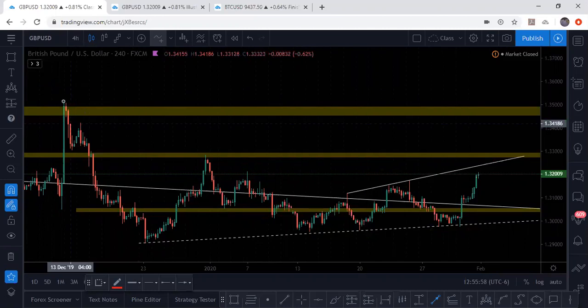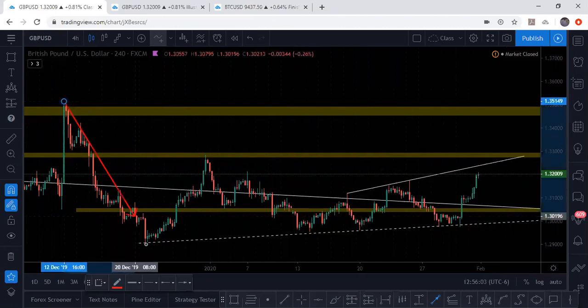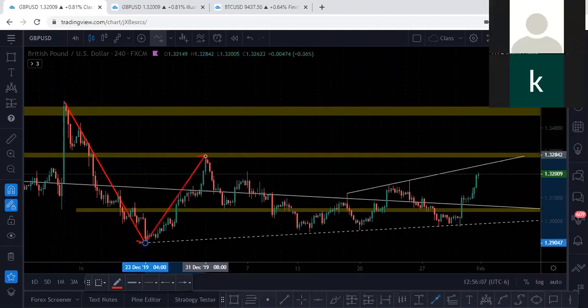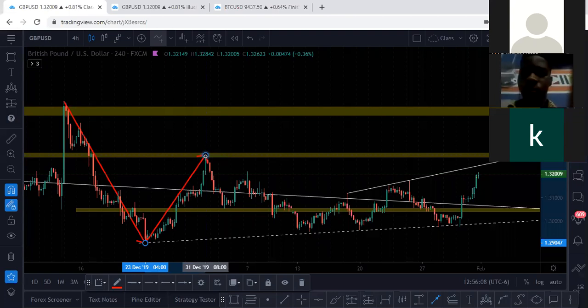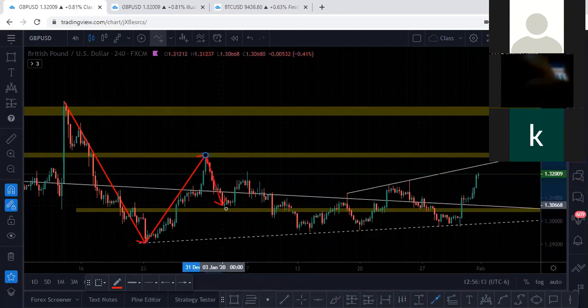Price has moved from up here, you see? Down here. From down here, price came up here. From up here, price came down here, up here, and then down here eventually, right?